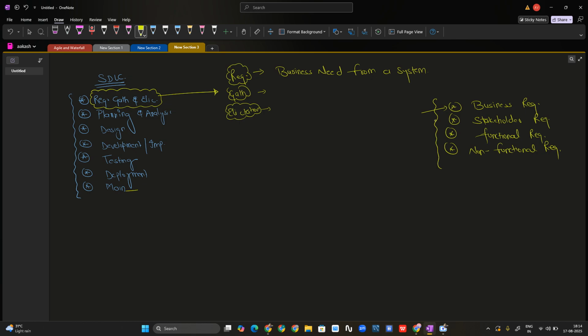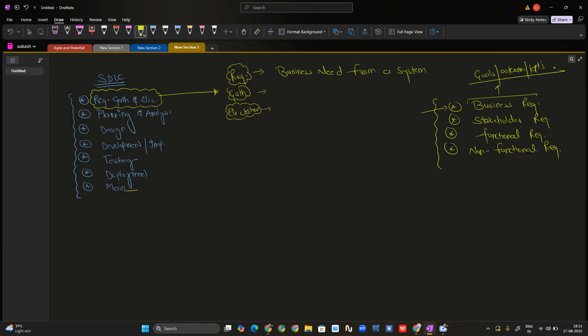Like what the business wants to achieve: its goals and problems. The business requirement is directly proportional to the goals. The specific goals the business owners want to achieve, we generally call business requirements, or outcomes, or key performance indicators. So business requirement is related to goals, outcomes, KPIs. That is what we call business requirement.